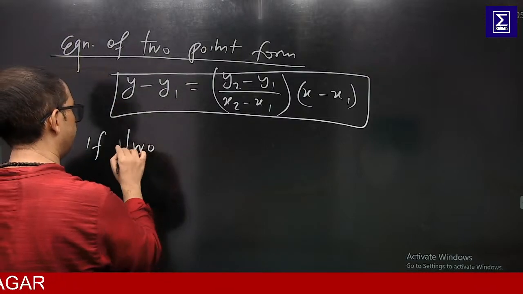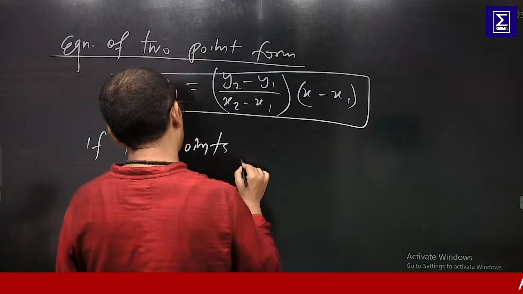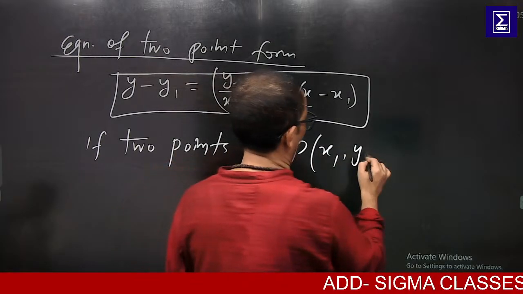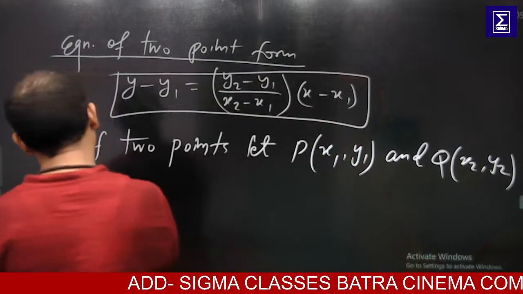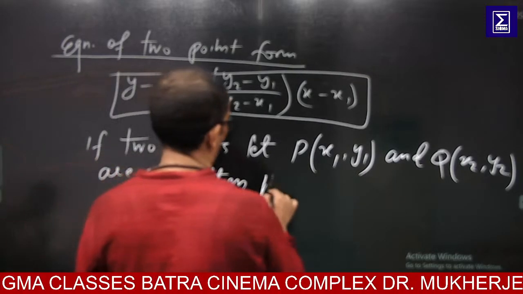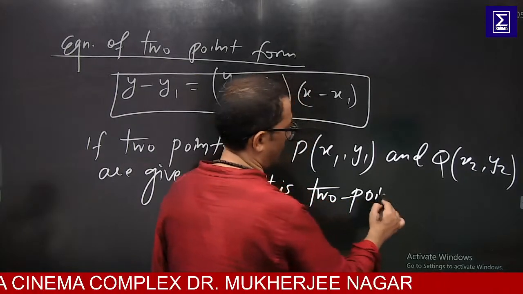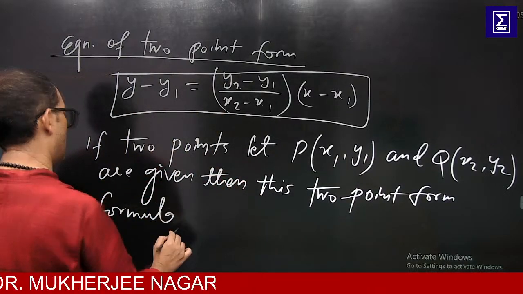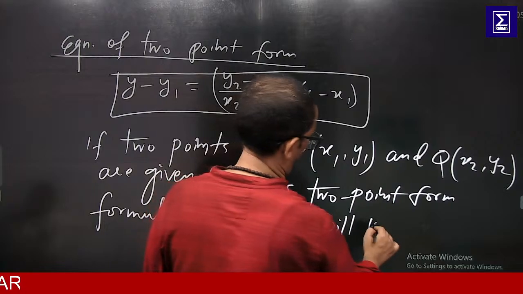If two points, let P(x1, y1) and Q(x2, y2) are given, then this two-point form formula for a straight line will work.